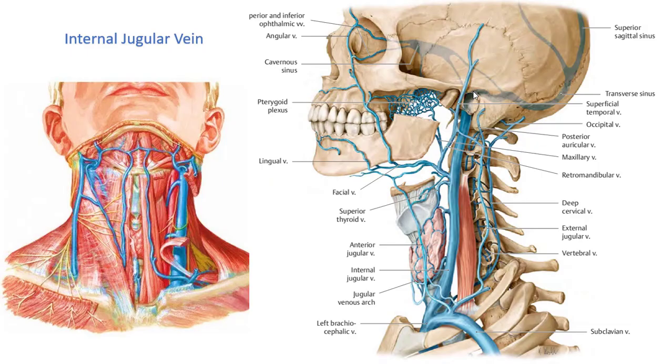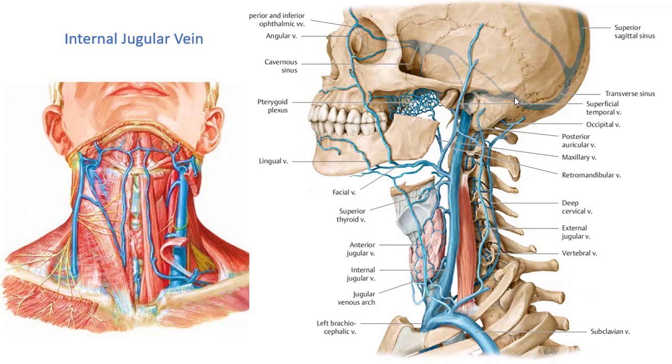Now we are going to move on and talk about two sets of jugular veins, the external and the internal jugular veins. On the left side, we are looking at the external and anterior jugular veins that we have discussed before, while on the right side, we are looking at the internal jugular veins. The internal jugular vein is a large vein that receives blood from the brain, face, and neck.